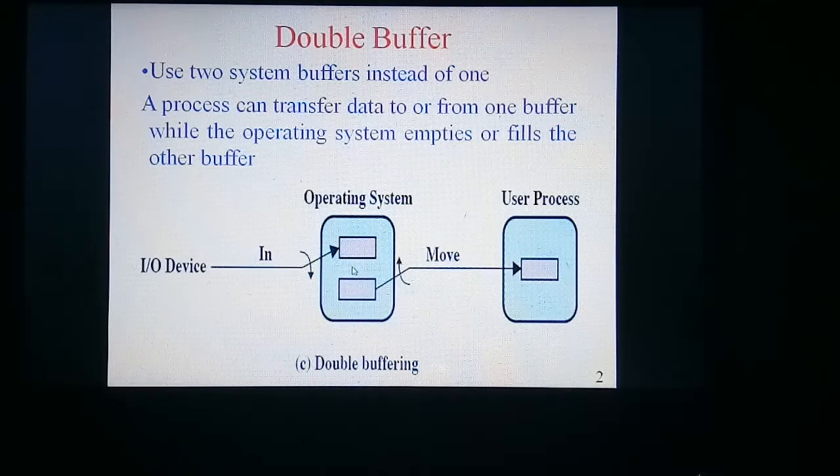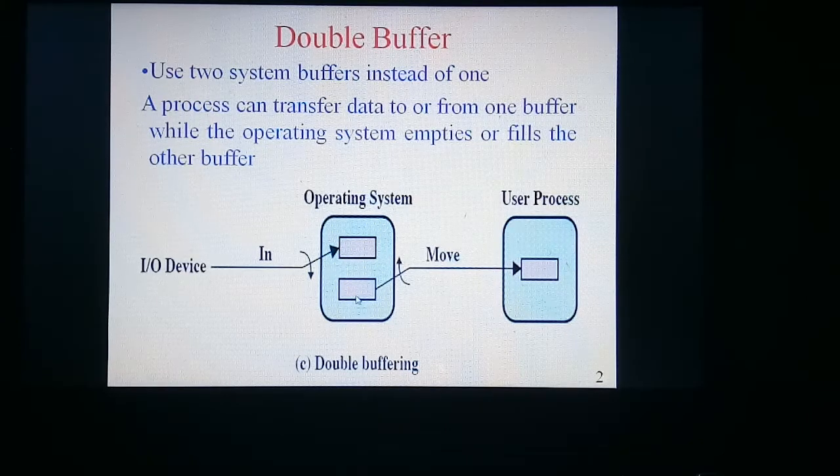A process can transfer data to or from one buffer while the operating system empties the other buffer. So the data is given in this way and taken out this way. The operating system will be emptying the buffer and the input device will be filling the buffer.